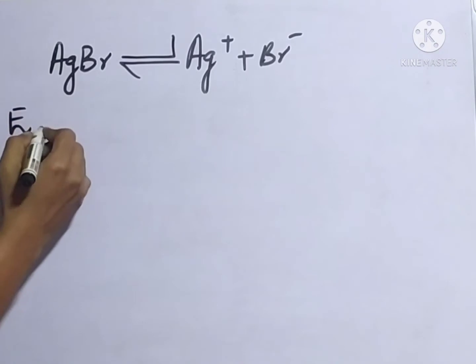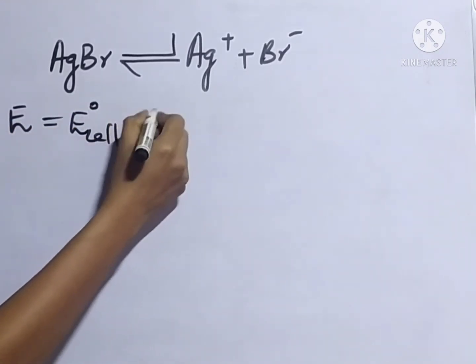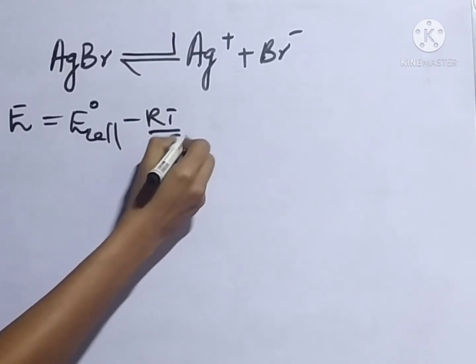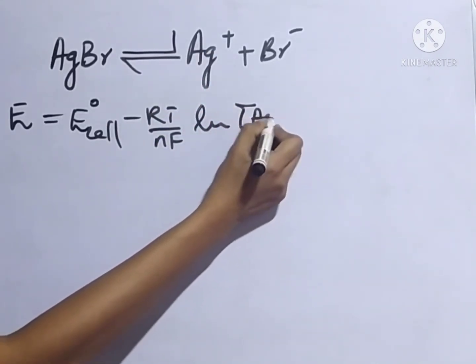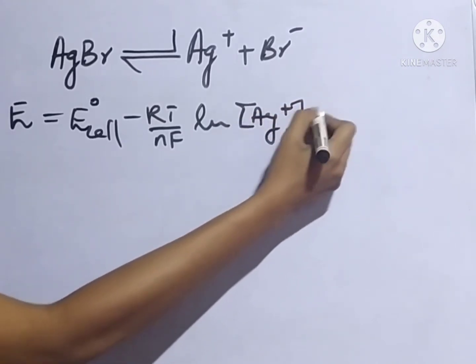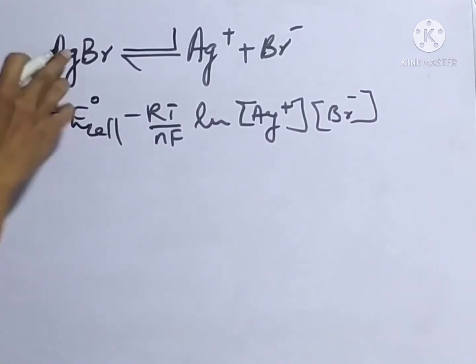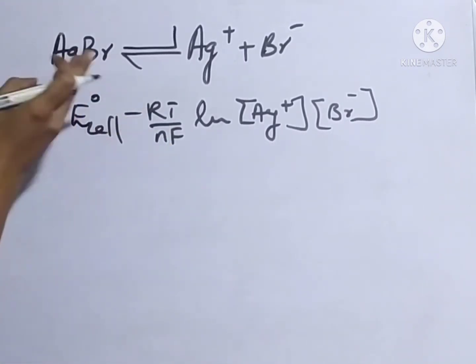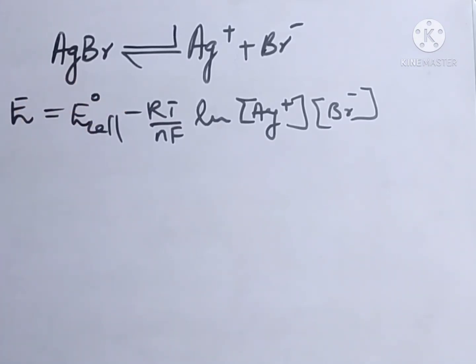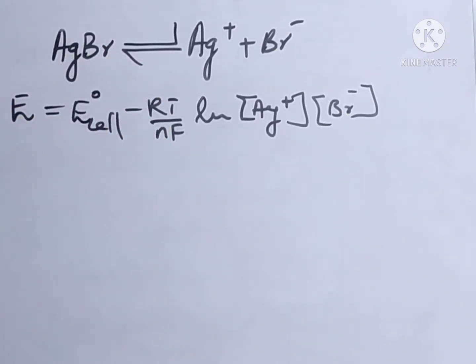AgBr reversibly gives Ag plus Br minus. According to Nernst equation, E equal to E0 cell minus RT by NF Ln concentration of Ag plus into concentration of Br minus divided by AgBr. Since AgBr is a solid substance, the concentration term equal to 1. And we already told that for an equilibrium reaction, E value equal to 0. Right.